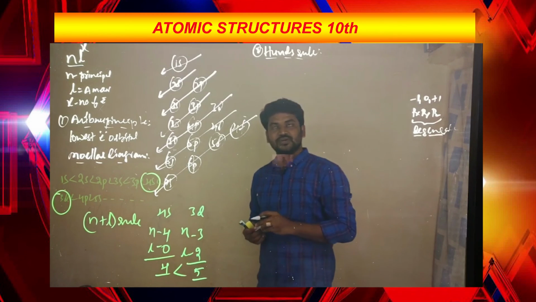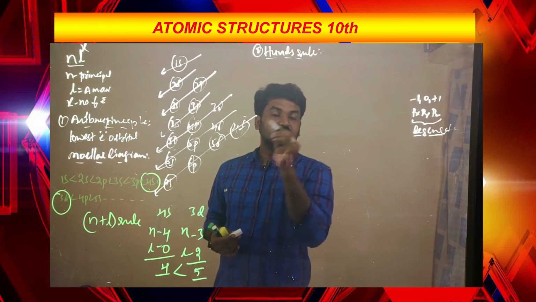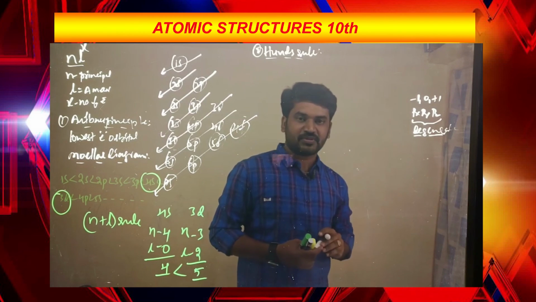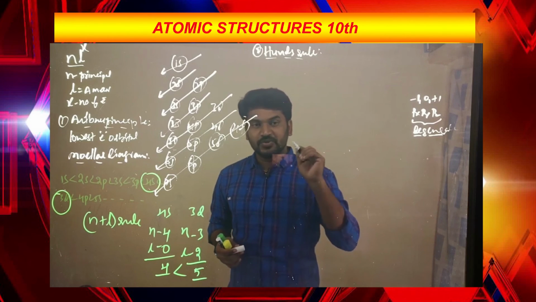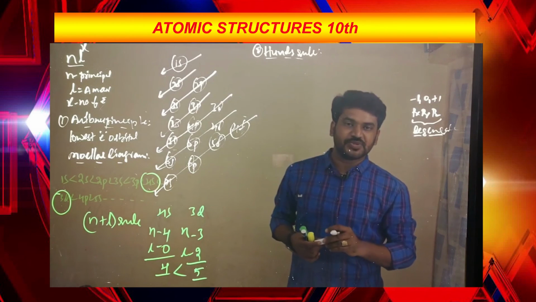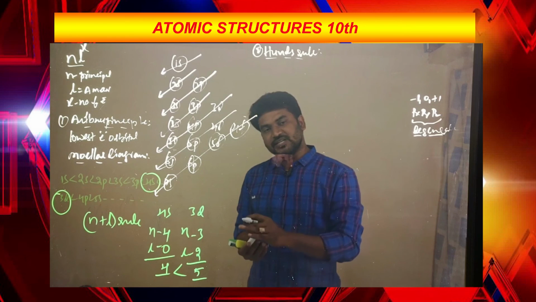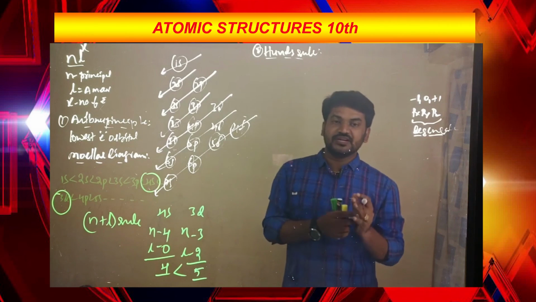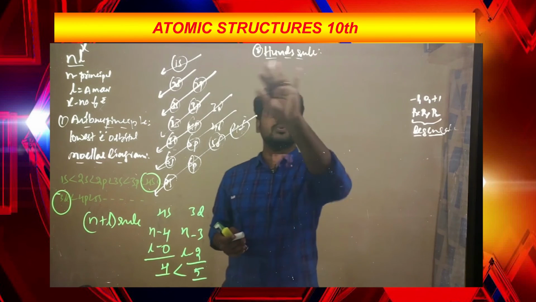Coming to Hund's rule, the degenerate orbitals should be filled first with 1 electron each, then the pairing should start. Pairing should start after degenerate orbitals are filled with 1 electron each. So that is Hund's rule.